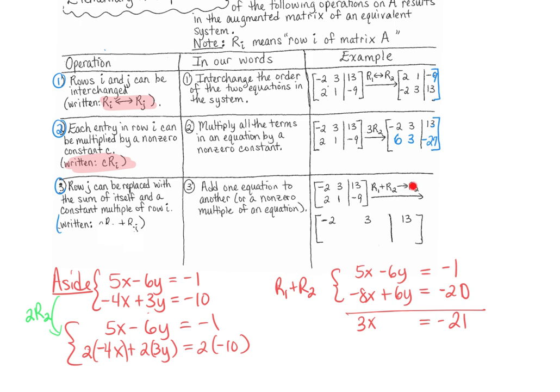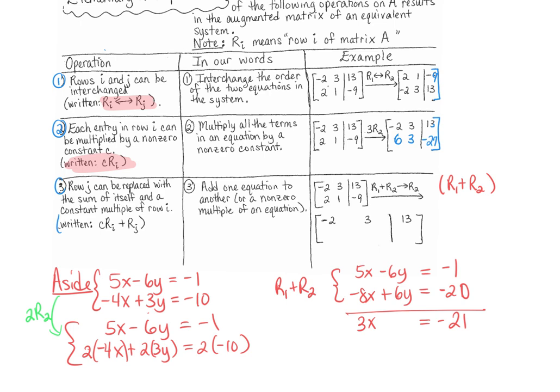I tend to write it because for me, I'm telling myself that whenever we add row 1 plus row 2, we want to get a new row 2. You can just say add row 1 and row 2. Your book implies that the last one that you write is what you're changing. So you can write instead R1 plus R2. That's what you'll see in your book.